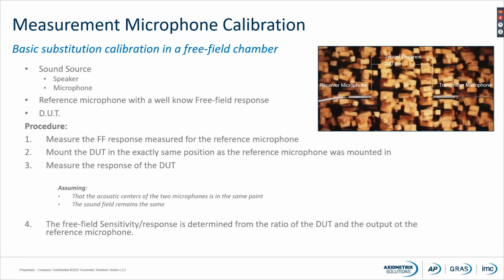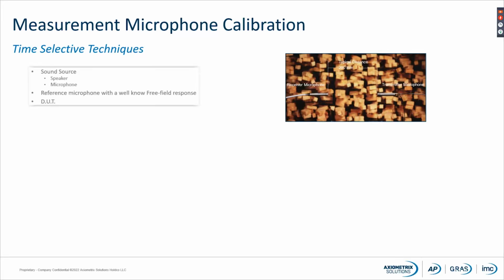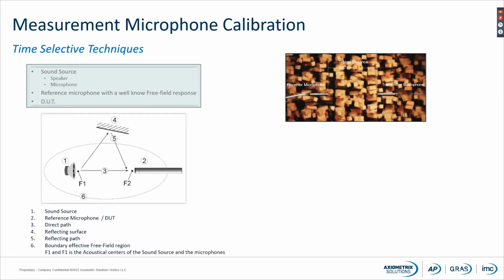and then the free field sensitivity or response is found from the output of the DUT and the output of the reference microphone. Time selective principle. We also need a sound source here. It could be a speaker or a microphone. We need a reference microphone, also with a well-known free field response. We need the DUT. The idea here is that we don't want to look at the reflected sound, so we will only look at the direct sound, what we receive from the direct path.